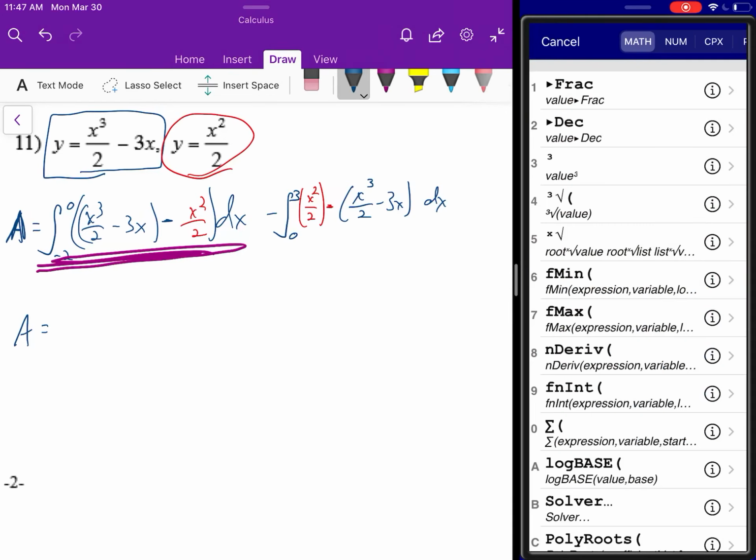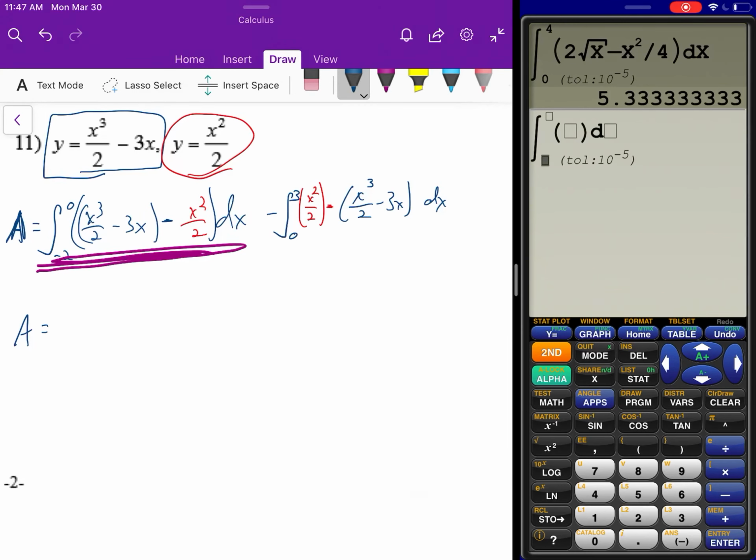So we want the integral from -2 to 0 of x cubed over 2 minus 3x minus our other function, x squared over 2 dx.